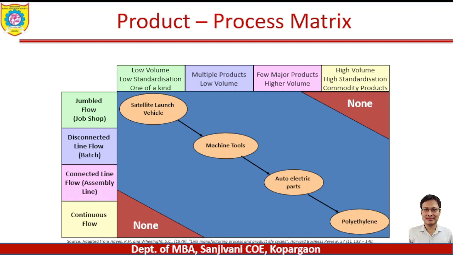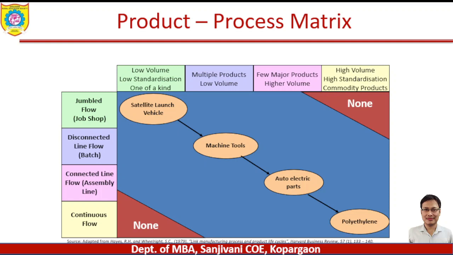They manufacture headlamps for all types of vehicles, or the automobile industry itself. They manufacture in very high volume but a few major products. So here the most appropriate production flow will be connected line flow or the assembly line.